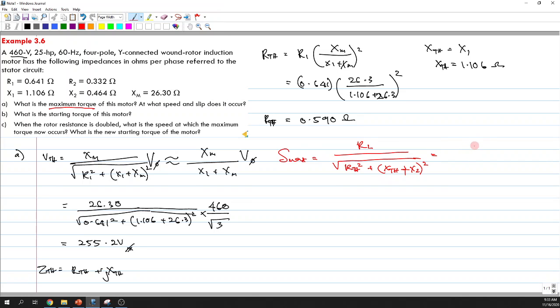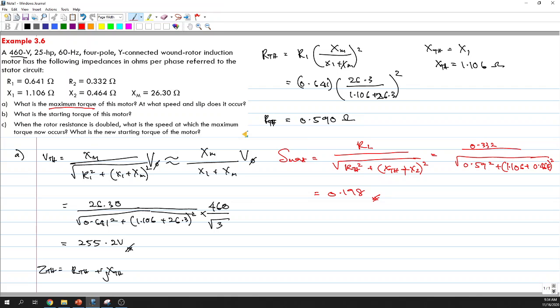R2 is 0.332, over the square root of 0.59 squared plus 1.106 plus 0.464, squared, and S max is equal to 0.198. This is the S max.